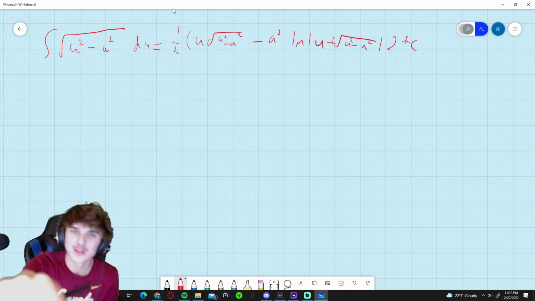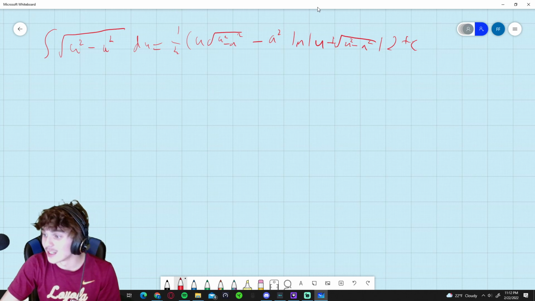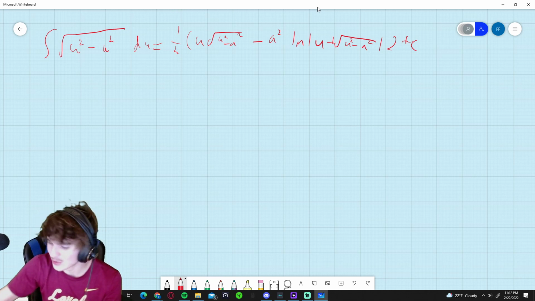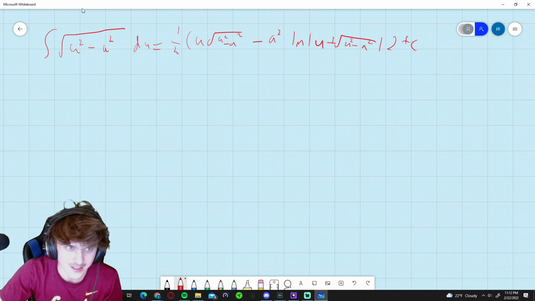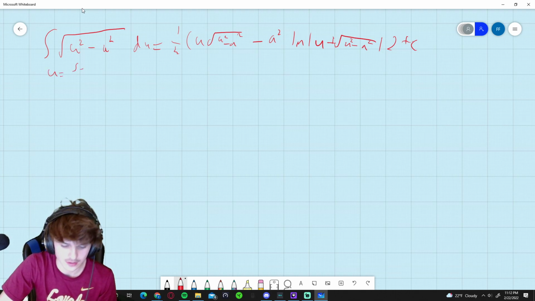So we have to solve this thing using trigonometric substitution. Now, I'm not sure I did it right, but using the trig identities, I used u equals a secant theta, because the a is in there, and it is the constant.